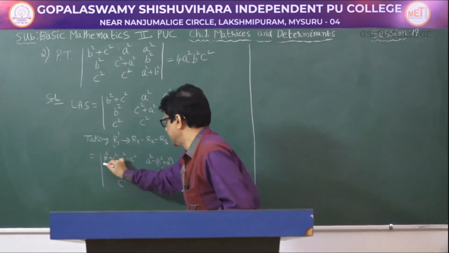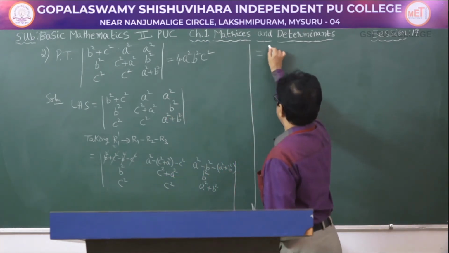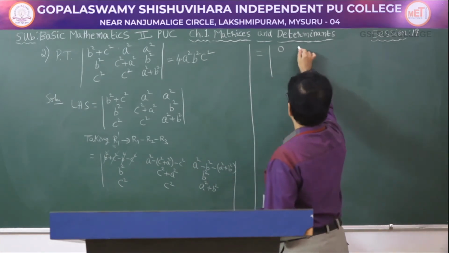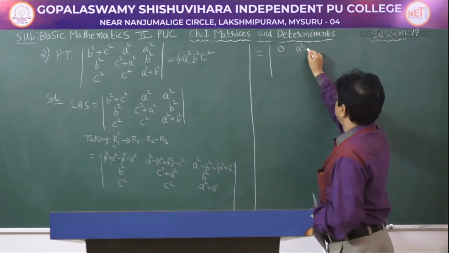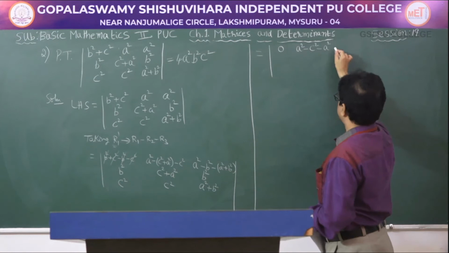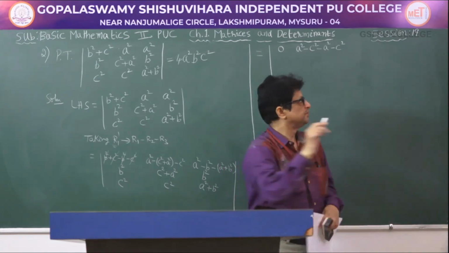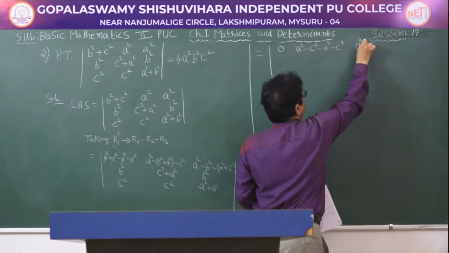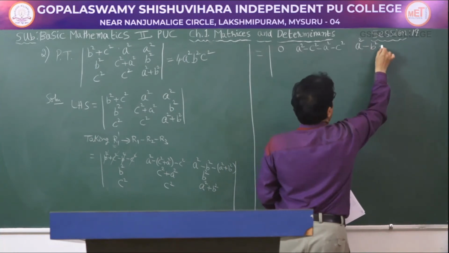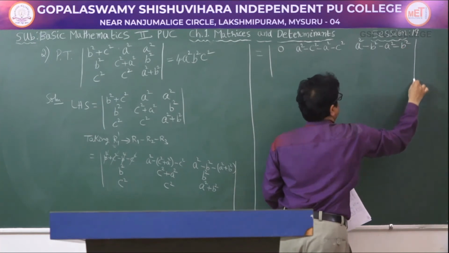So here B square and B square will get cancelled, C square and C square will get cancelled. So that will be equal to determinant of 0. So this term becomes A square minus C square minus A square minus C square. This term is A square minus B square minus A square minus B square.